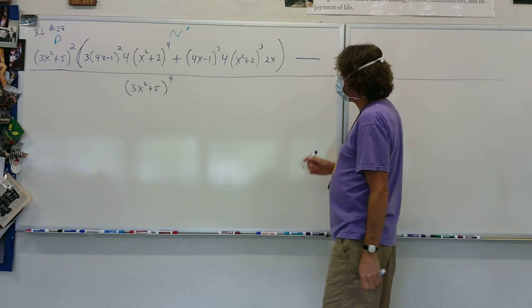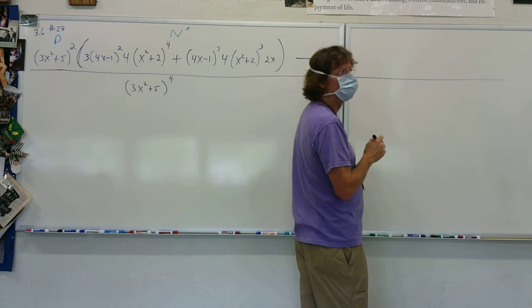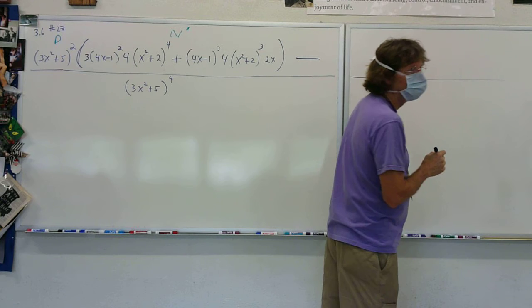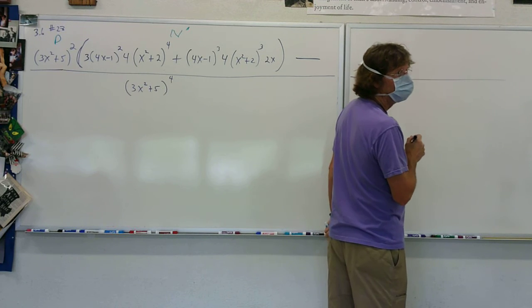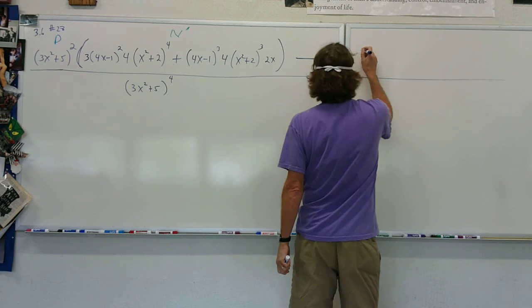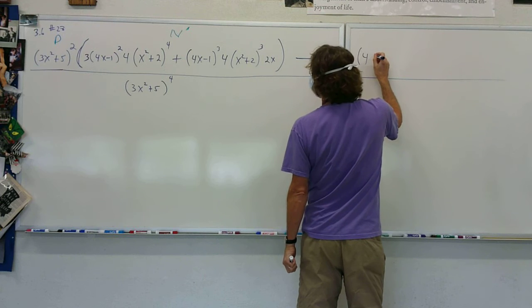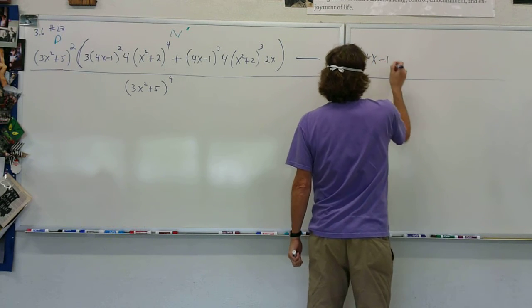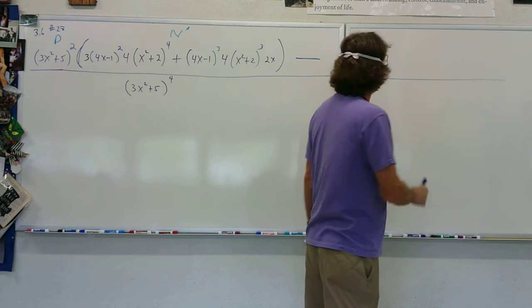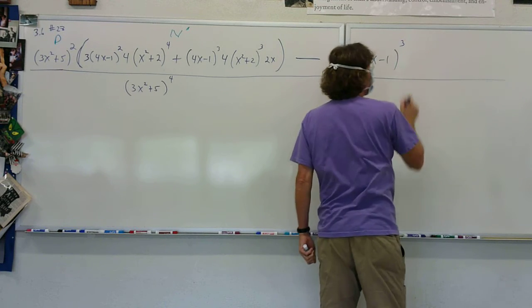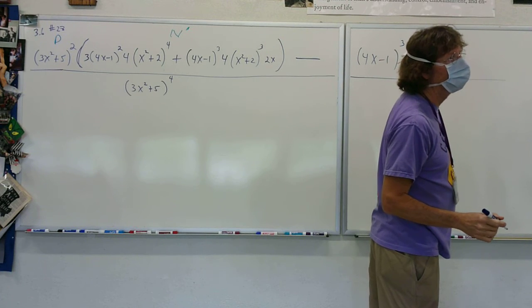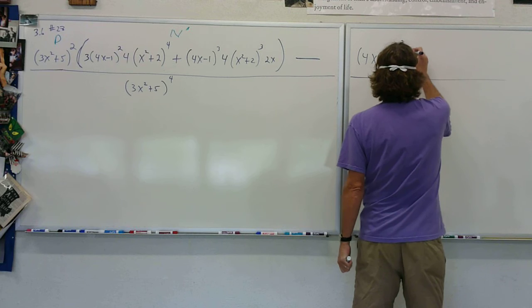Minus, numerator, do it like long ones, so it can go in the way. Numerator, 4x minus 1 cubed and x squared plus 2 to the 4th.